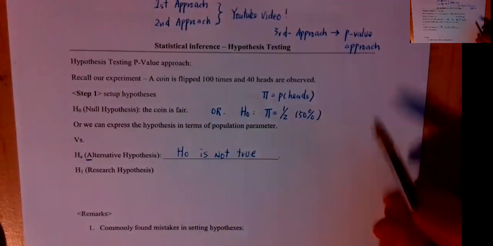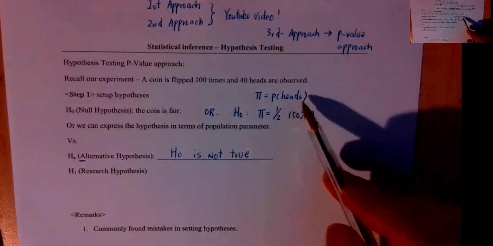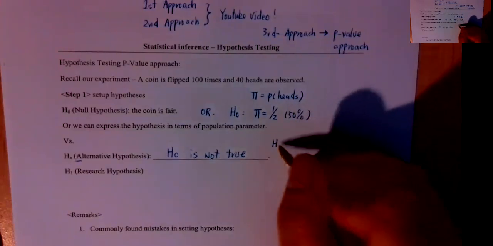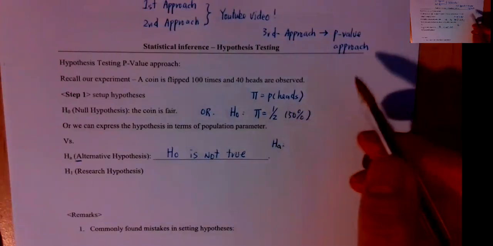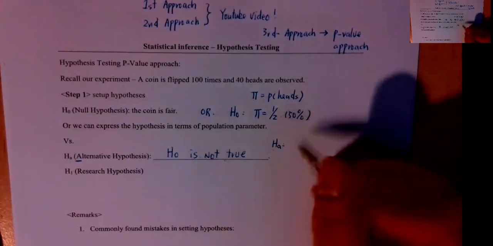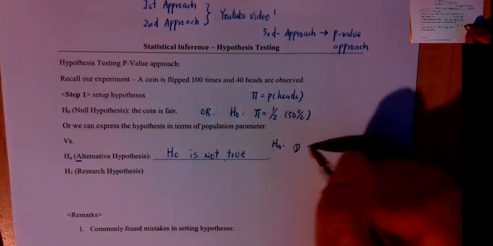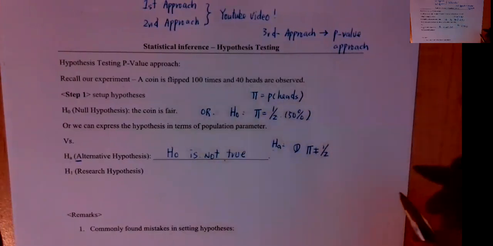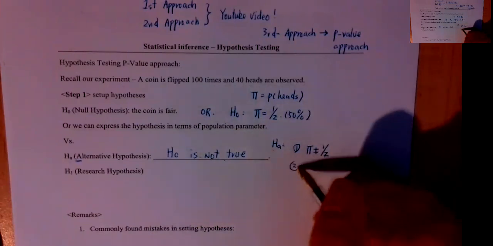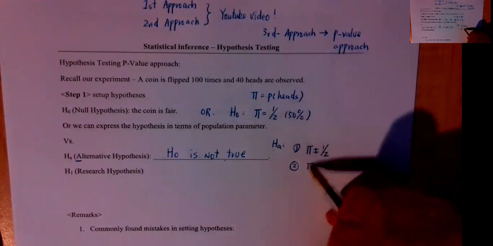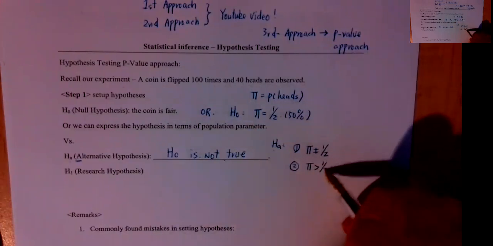Having said that, H0 is not true, let's see how we're going to set up our alternative hypothesis. H0 is not true because, 1, pi is not equal to 50%. Or you say H0 is not true because pi is greater than 50%.